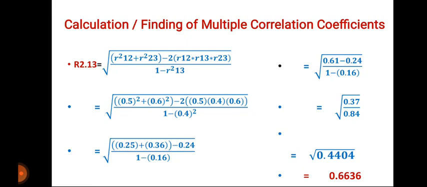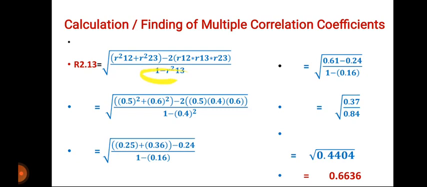Okay. Now, second, R2.13. Firstly, the formula under square root: 2 with 1 and 2 with 3, means R12 and R23. Then all these three, R12, R13 and R23, in multiplication and multiplied by 2.